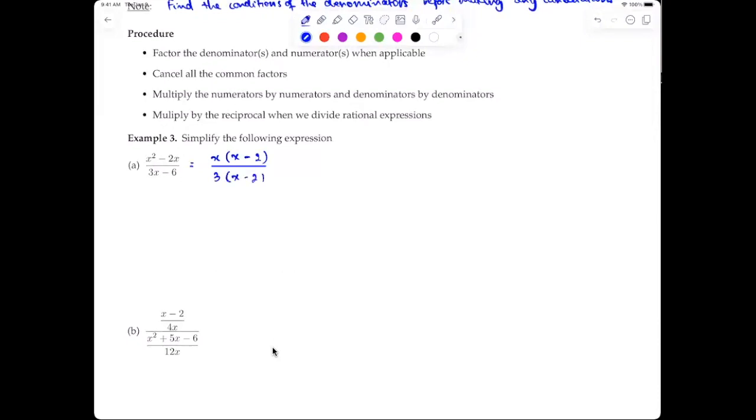So x minus 2. So you have 3 is different from 0, obviously. We impose the condition that x minus 2 is different from 0. So this implies that x is different from positive 2, and then you can make the cancellations, and you get x over 3.